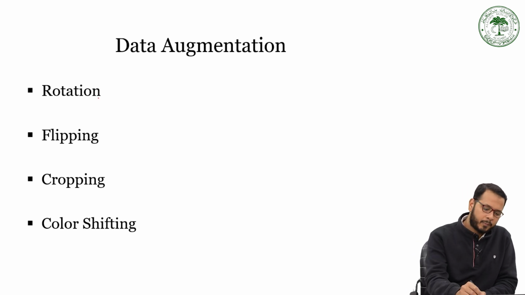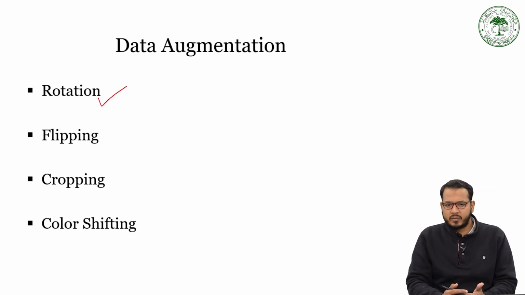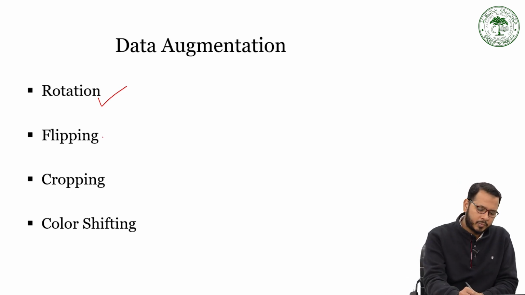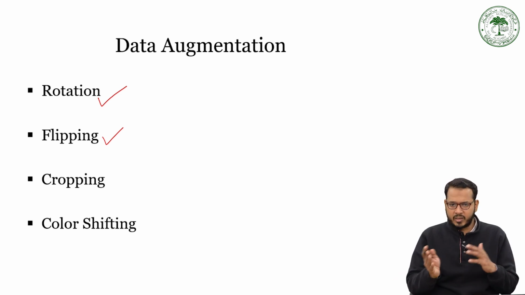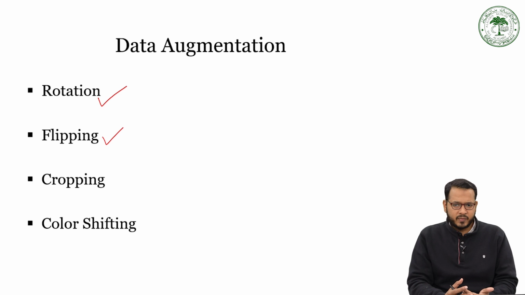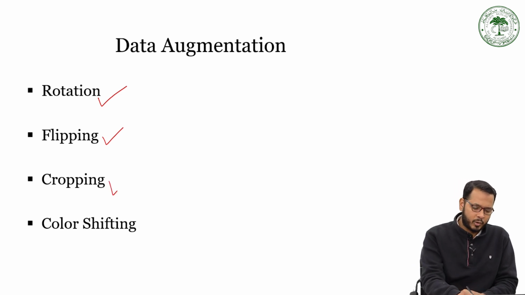First of all, we can do the rotation. Rotation, as the name implies, rotates the image by a random angle within a specified range. Then we have the flipping option, which mirrors the image either horizontally or vertically, and it gives variability in the data set also. We can also apply cropping.